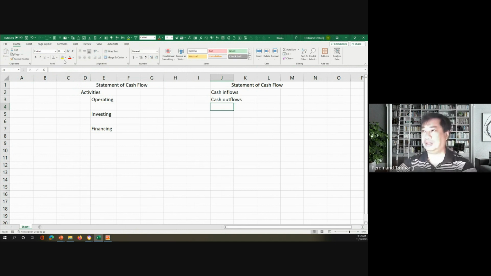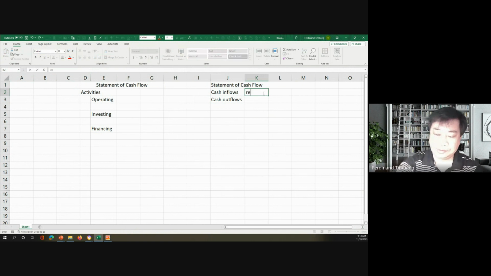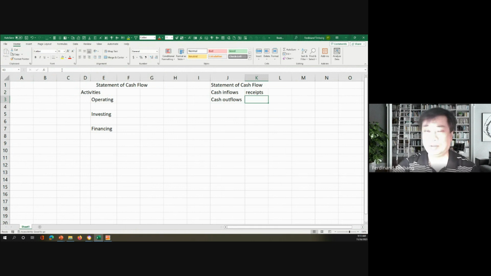So, yan lang ang ina-analyze natin pagdating dito sa statement of cash flow. For the cash inflows, we are referring to the receipts. And then, when it comes to cash outflow, we are referring to the disbursements.